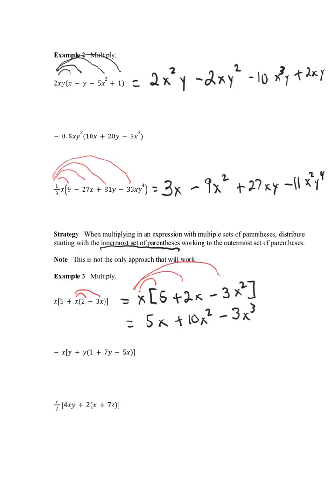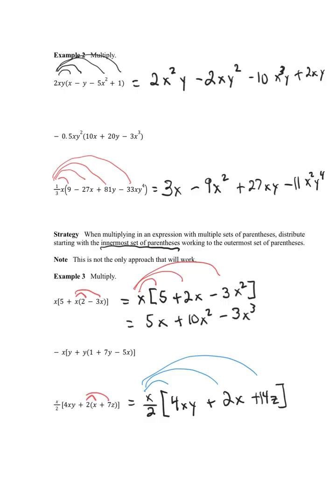Okay. And here again, maybe I'll just do the last one to finish up. So multiply the 2 to both, so everything else stays the same. 4xy plus 2x plus 14z. All right, and then now distribute the x over 2.